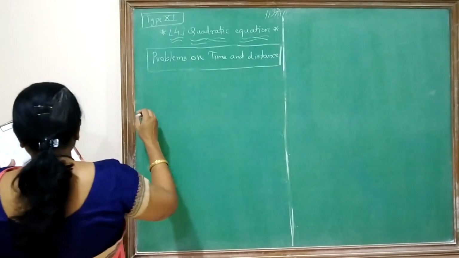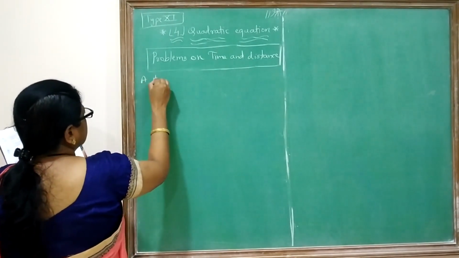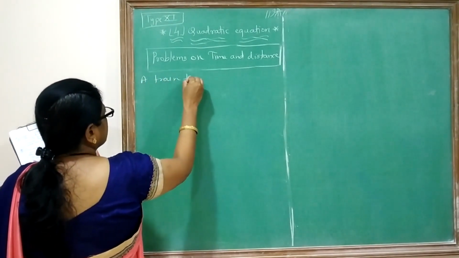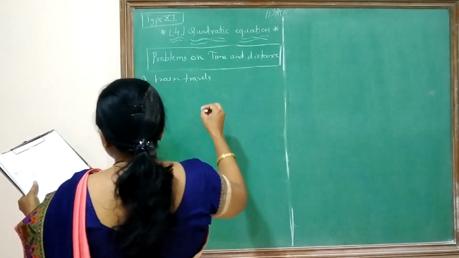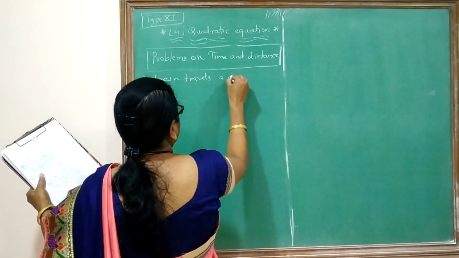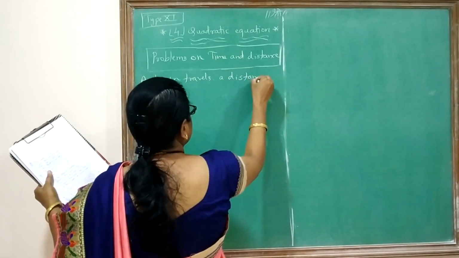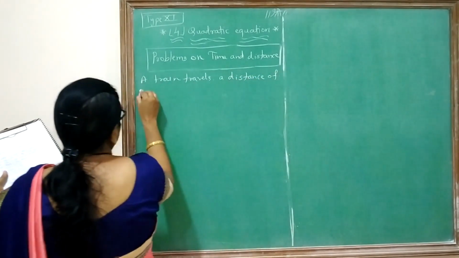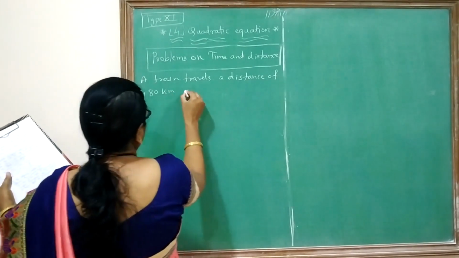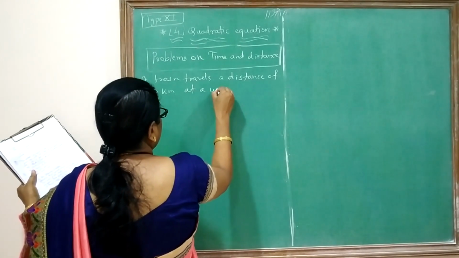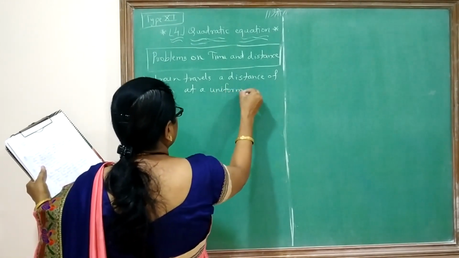A train travels a distance of 480 kilometers at a uniform speed.